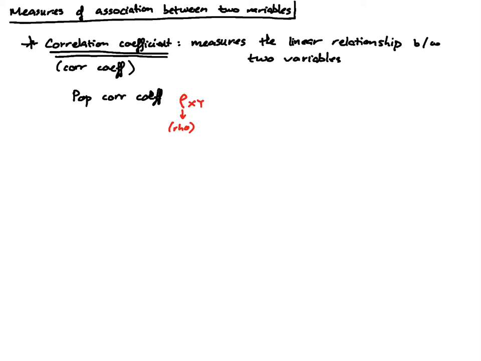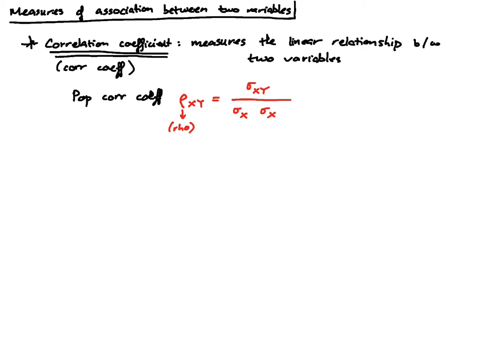So this is the population correlation coefficient between two variables x and y. Rho xy is going to be equal to sigma xy divided by sigma x times sigma y.